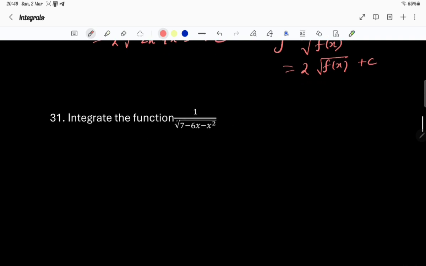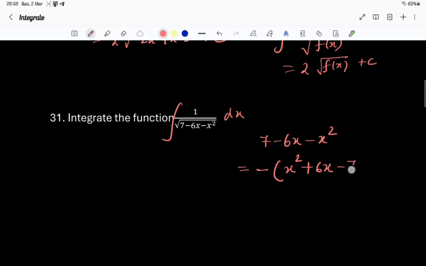Now integrate this function. What will we do? You will make a perfect square. How to make it a perfect square? 7 − 6x − x². Since it is under the square root, at first you have to take minus common: −(x² + 6x − 7). Now x² + 2·x·3 + 3², that is 9.